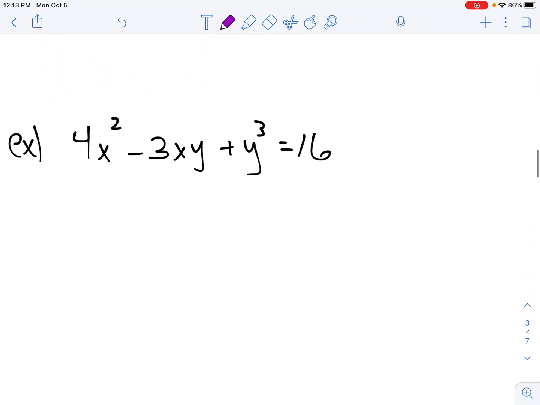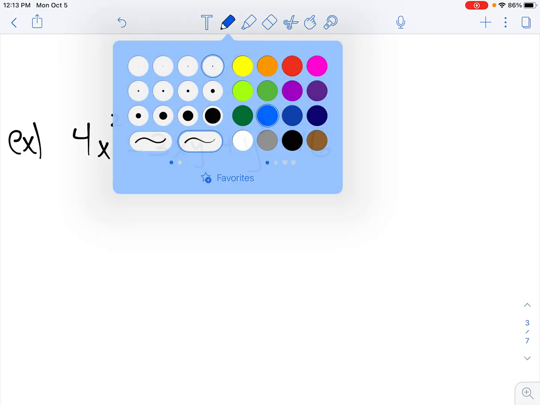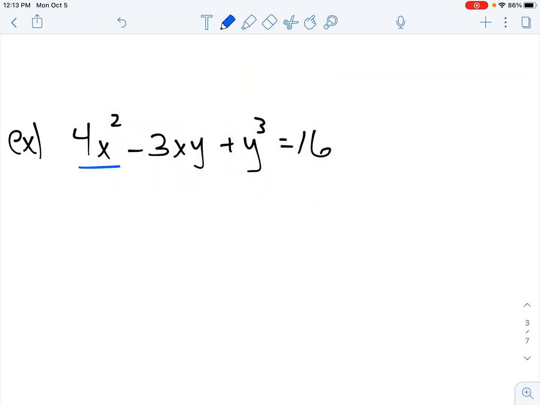Okay, let's do another one. Similar to the last, we have 4x squared minus 3xy plus y cubed is 16. Again, we're going to find dy/dx. From left to right, the derivative of 4x squared is just 8x. Now again we have the product rule, and the thing to notice is that we have a negative out front. There are a couple of ways to go through this.